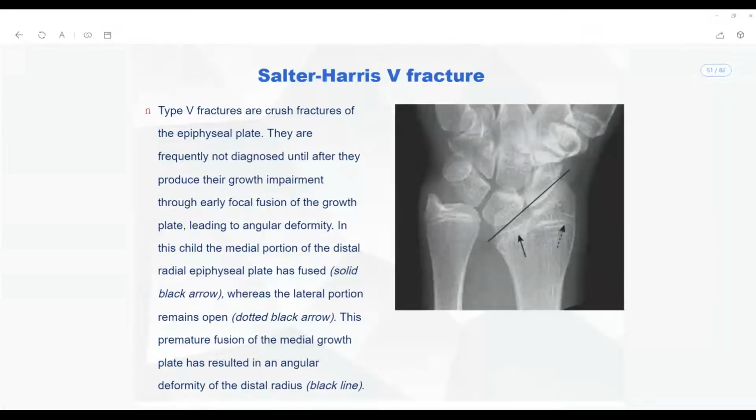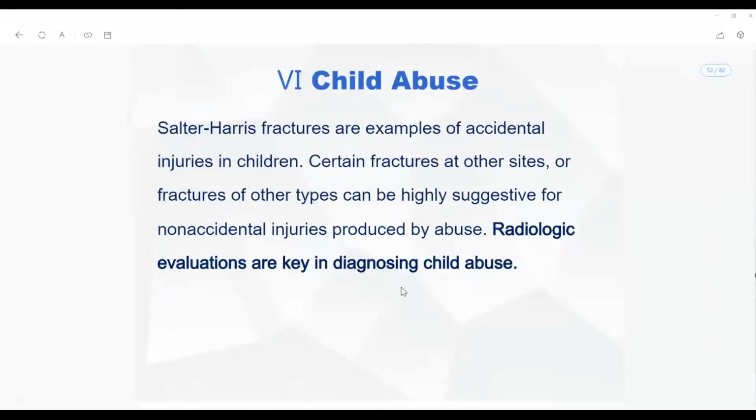So if there is an entrapment of the median nerve and the ulnar nerve, both complications can occur, right? That is what I particularly wanted to say here. Get it? Okay, so that is about Salter-Harris type 5.